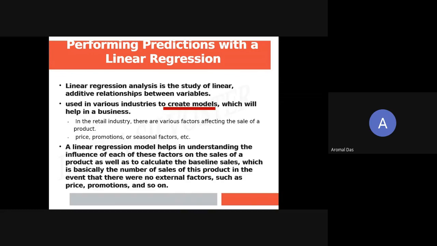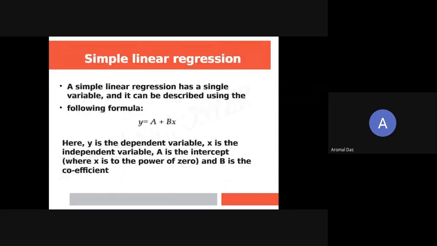So, sale of a product can be predicted using the seasonal factors or price. A simple linear regression can be defined like this: y equal to a plus bx, where y is the dependent variable and x is the independent variable, a is the intercept and b is the coefficient. So, we already know this equation.